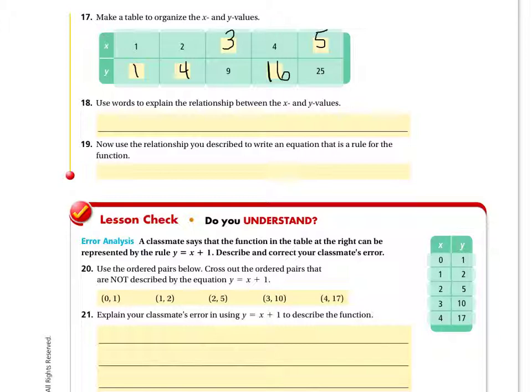So what I need you to do is you need to complete 18 and 19. On 18, use words to explain the relationship between the x and y values. In other words, what do I do to x to get my y? On 19, use the relationship to write the equation for that rule.